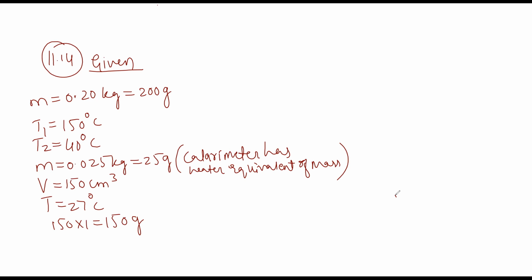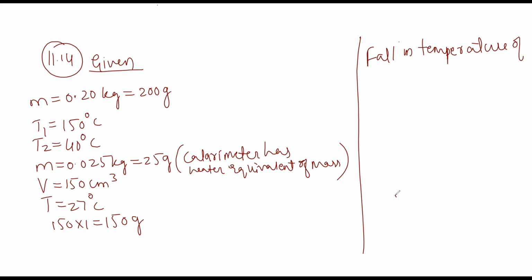To calculate the fall in temperature of the metal, what do we do? The fall in temperature of the metal is calculated by delta T is equal to T1 minus T2, that is 150 minus 40, which is 110 degrees Celsius.